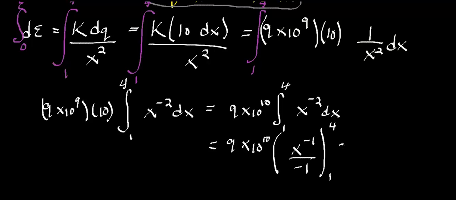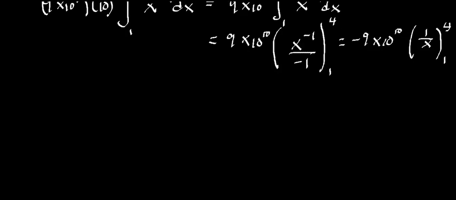Okay, so now let's simplify this a little bit. I'm getting that this is equal to negative 9 times 10 to the 10th times 1 over x, and that's going to be evaluated from x equals 1 to x equals 4. And then all we do now is we evaluate that at the limits.